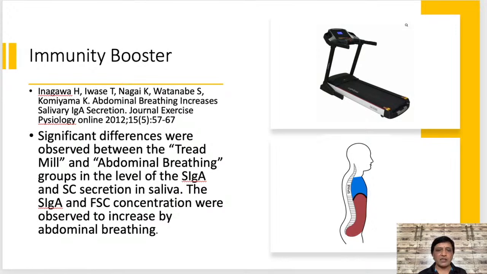So they have found that significant differences were observed between the treadmill and abdominal breathing groups in the level of salivary immunoglobulin A secretions in saliva. So this salivary immunoglobulin A is the first line of our body's defense. So this enhances our immunity. So that is the most important thing of this simple but very effective breathing technique.